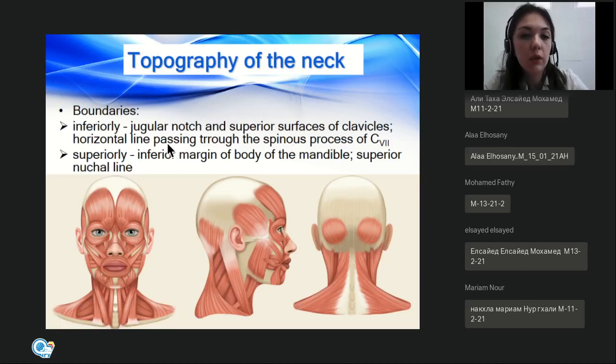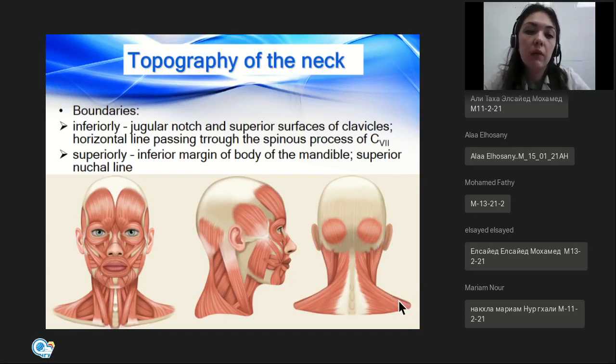Posteriorly, it is a horizontal line that passes through the spinous process of C7. Superiorly, it is the inferior margin of the body of the mandible and the superior nuchal line. So everything that is between these two lines belongs to the neck.